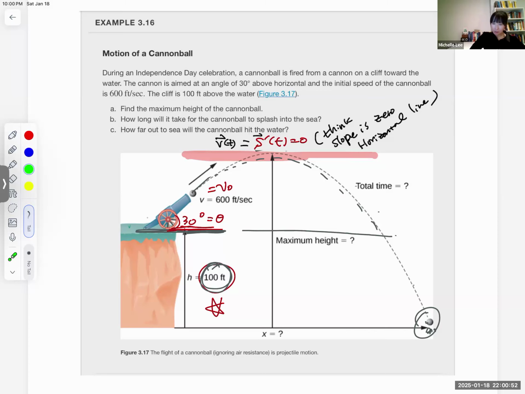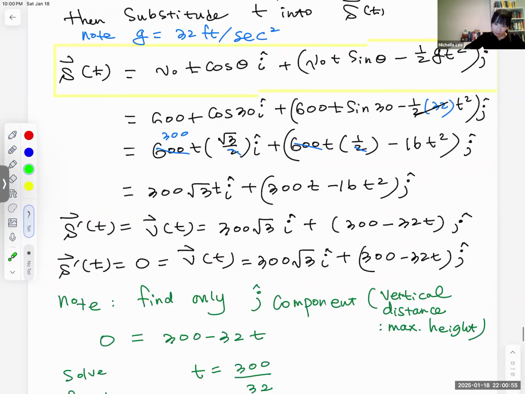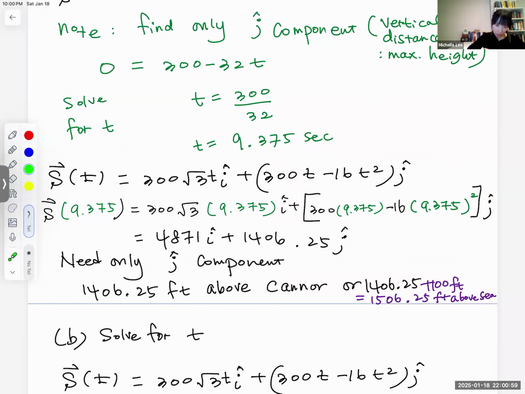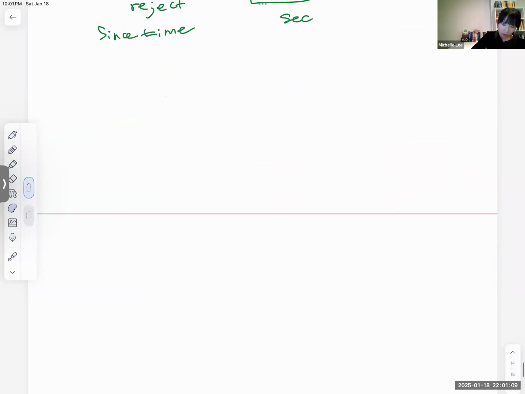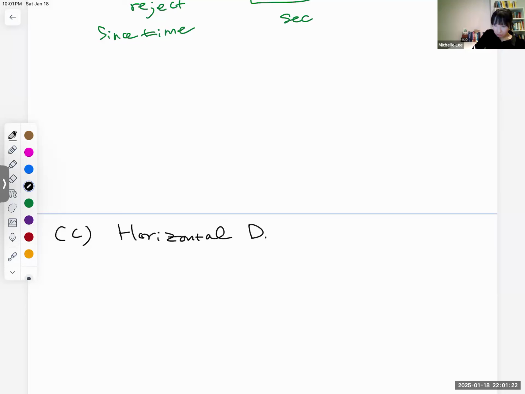Okay, let's see. We have a position vector. Horizontal distance, so use the i hat component, right? All right.